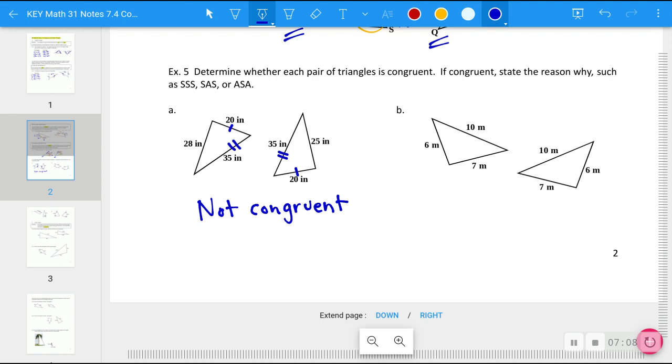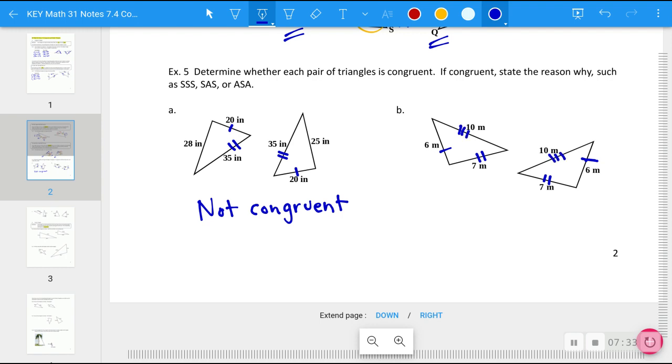The angles are slightly different, and the side length, we know that's different because the 25 and the 28 are not the same. But on this one here, you've got a 6 that matches, and we'll just mark that side like that. Those are the same length. That's what that mark means. The 7-meter lengths are also equal, and the 10-meter lengths are also equal.